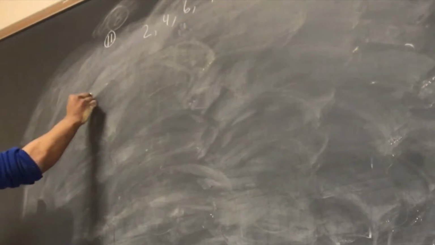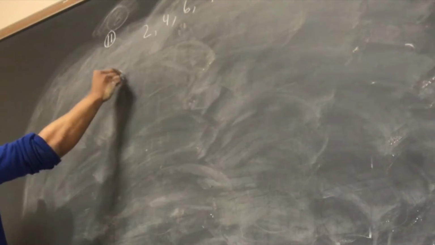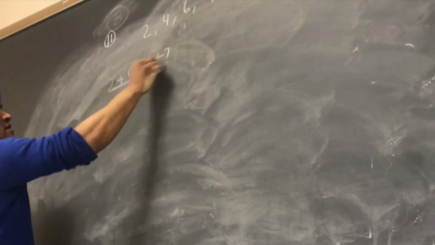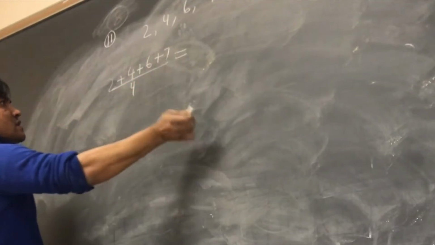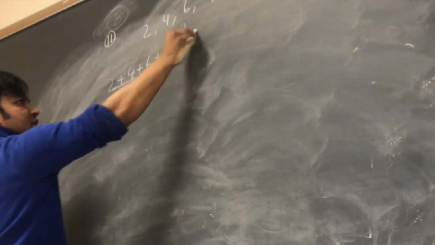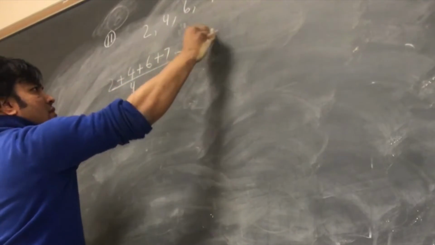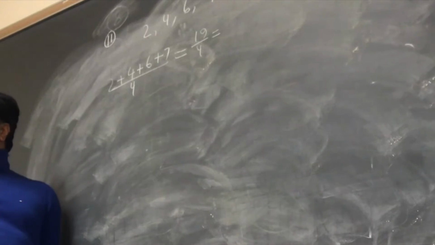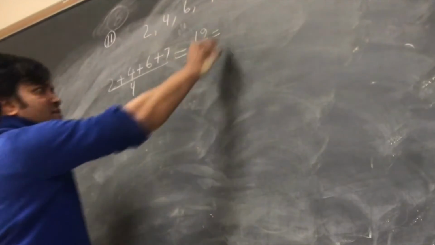So the mean is 2 plus 4 plus 6 plus 7 over 4, and that is 6, 12, 19 over 4. 4.75.